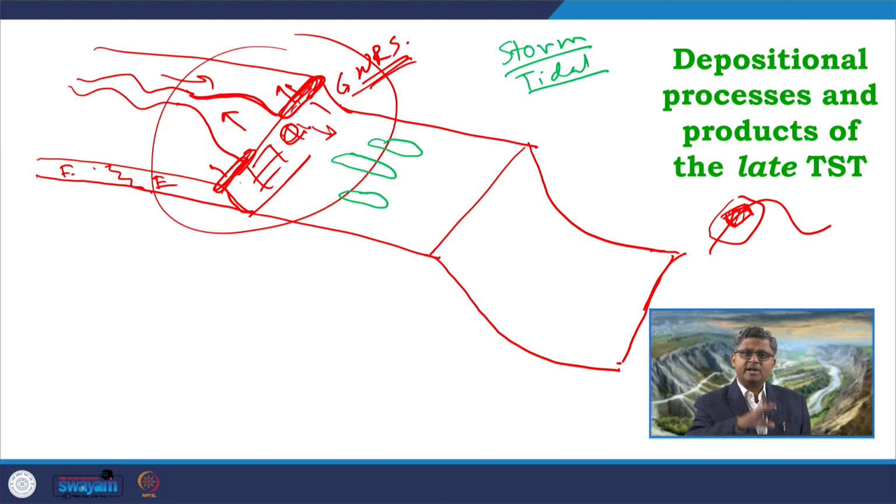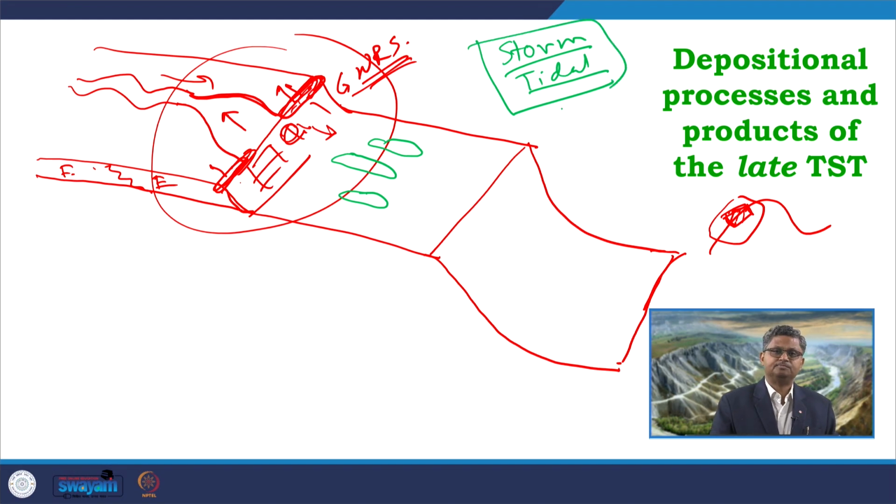So, this kind of detached sand bodies which are significantly large can form within the self area during this late phase of TST, as the self is now exposed and sediment is supplied by storm or tidal currents.